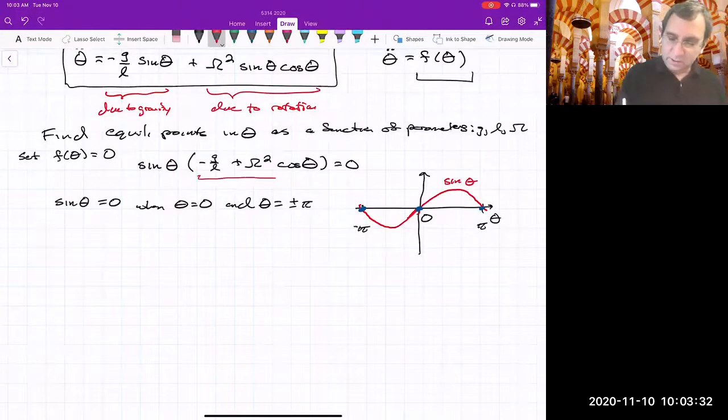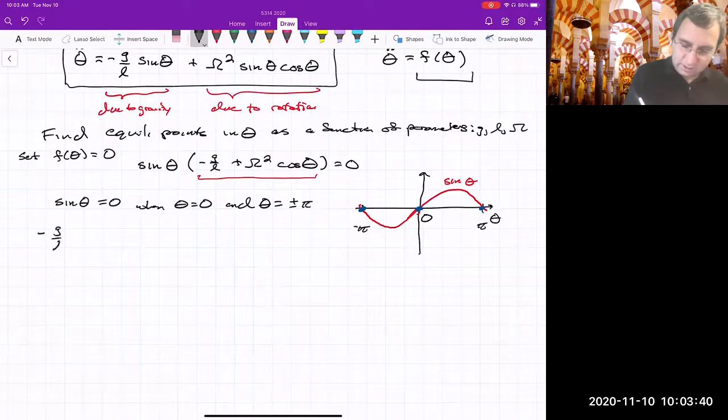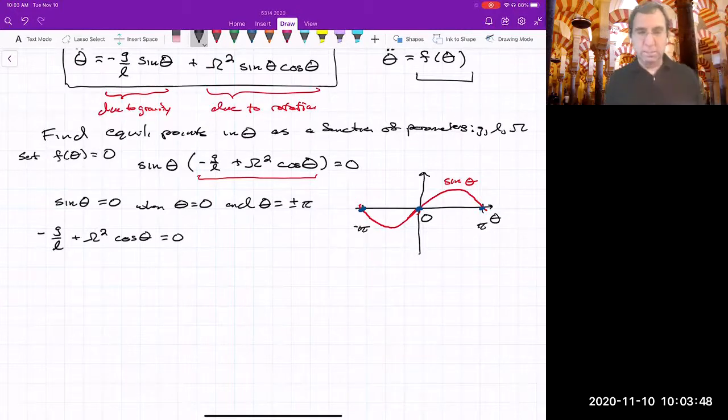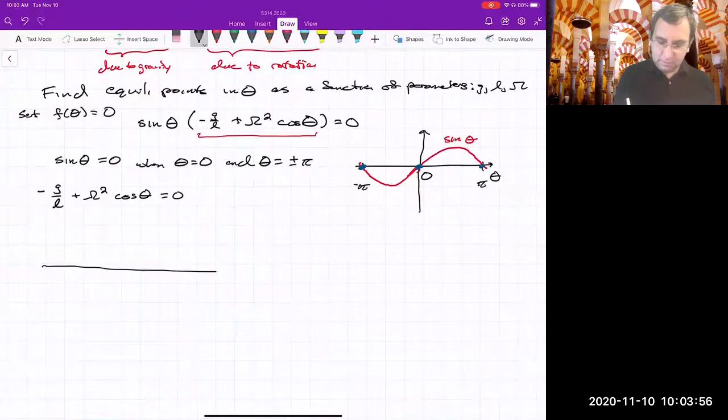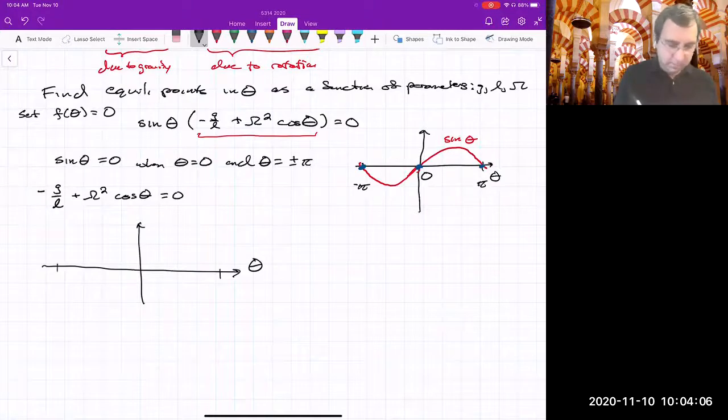What about this other term? Let's write it out: negative g over L plus omega squared cosine theta equals 0. You could solve for what theta would need to be, but it's also nice to plot. So theta, we've got something like that.